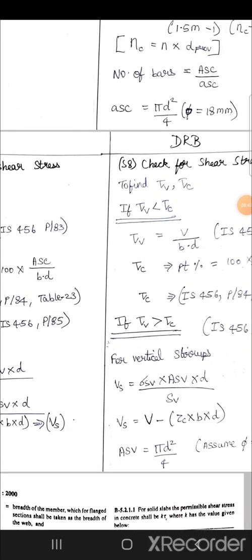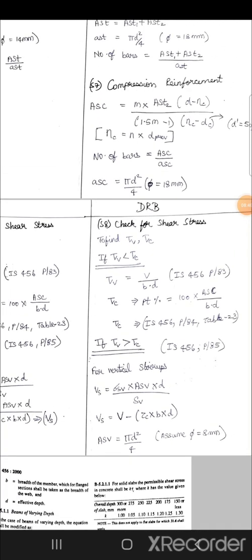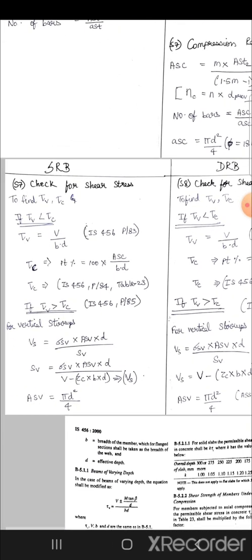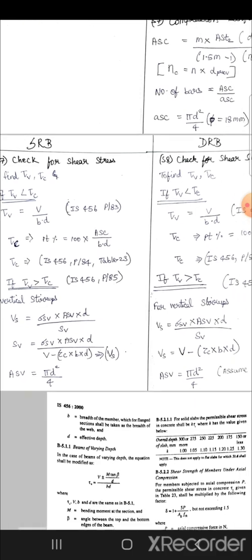This is same for doubly reinforced beam also. If tau v value exceeds tau c, we must find spacing for shear stress.